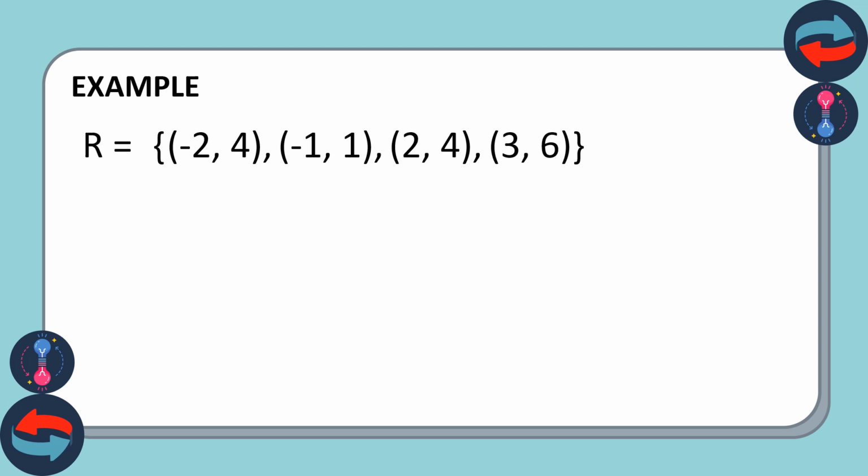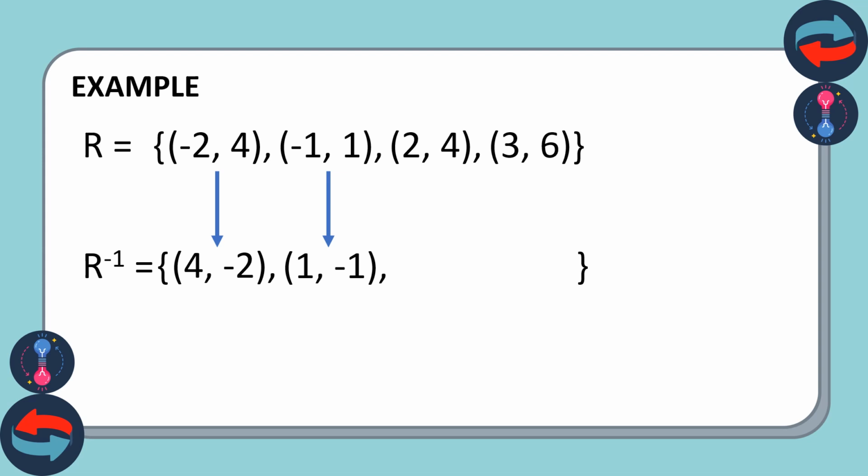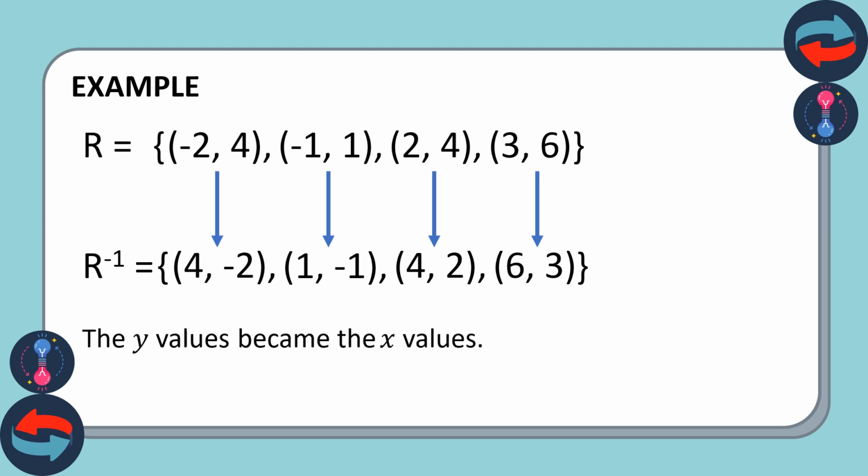If we write the inverse of the given function, it is now written as the inverse of R equals the set of ordered pairs (4, -2), (1, -1), (4, 2), (6, 3). Notice that the y values became the x values, and the x values became the y values.